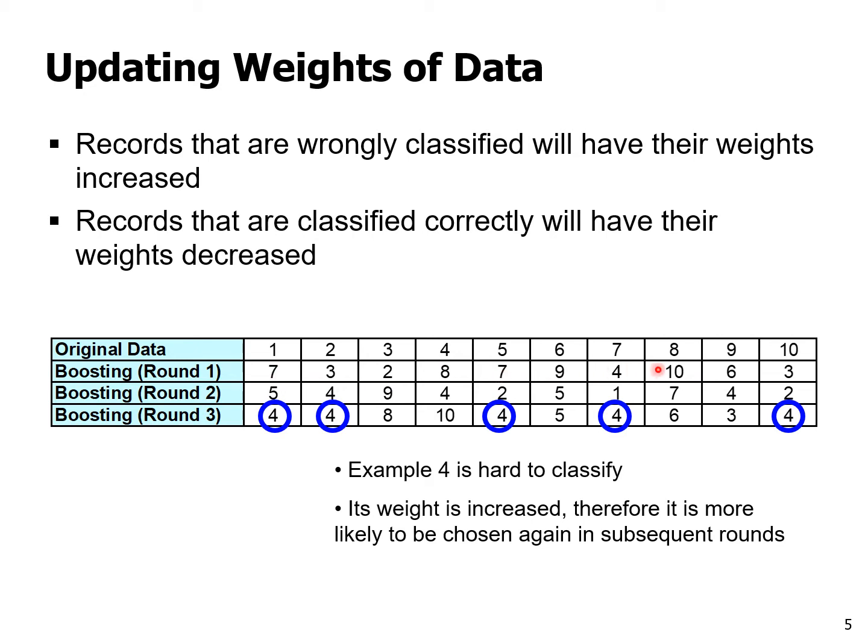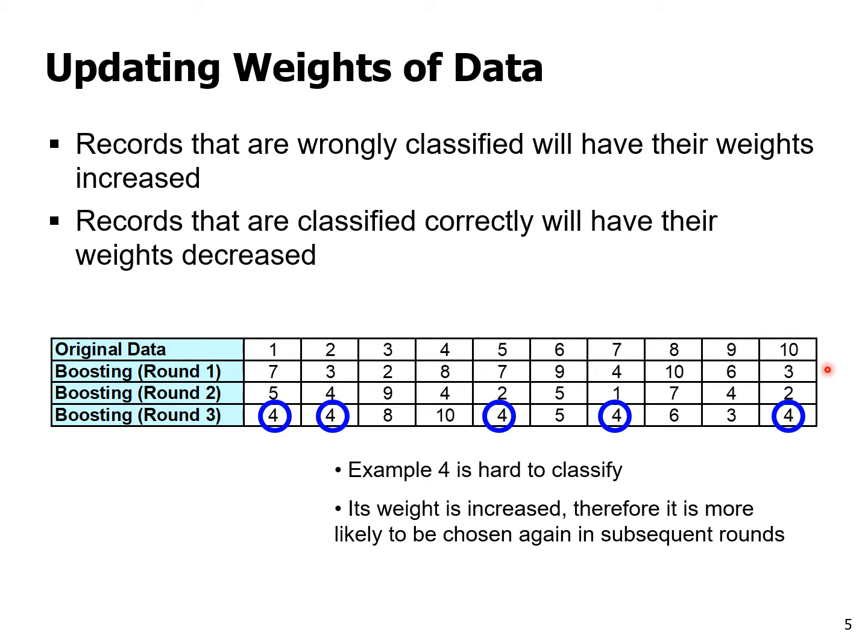Using this sample, you build a classifier or whatever it is. You can build any weak learner. It doesn't have to be a strong learner, so it can be anything. It can be a decision tree or neural net or SVM, whatever. And using that classifier, you make a prediction here.